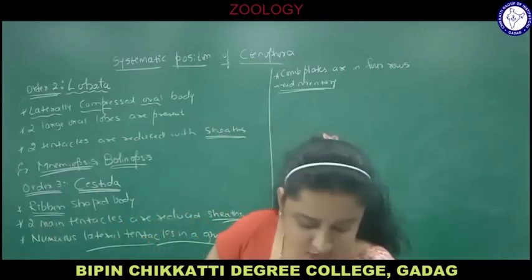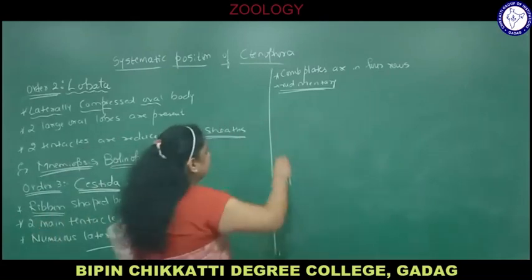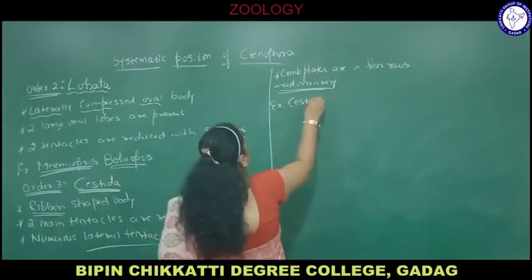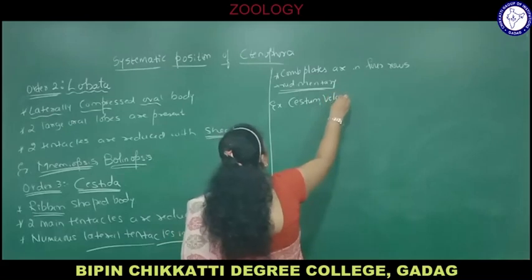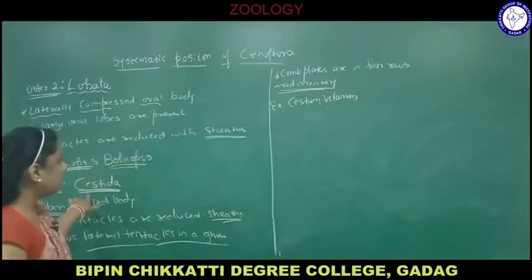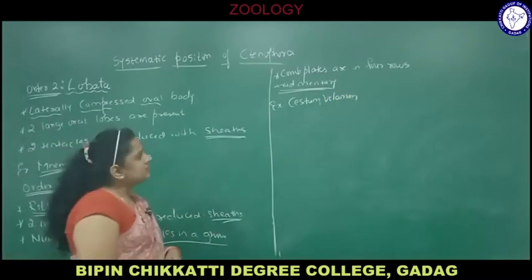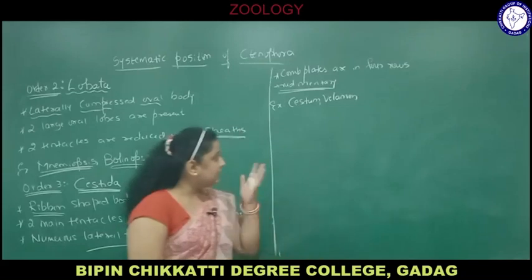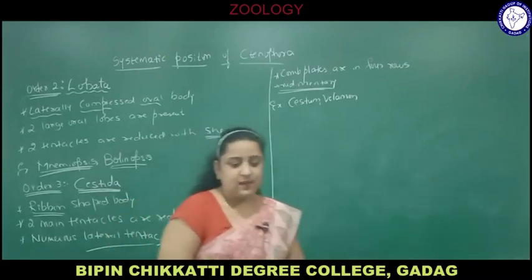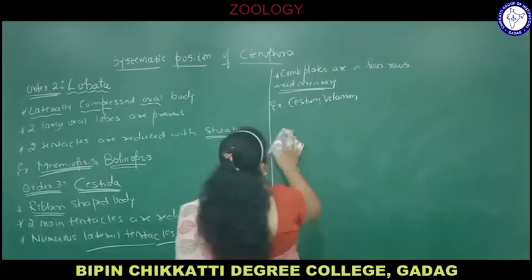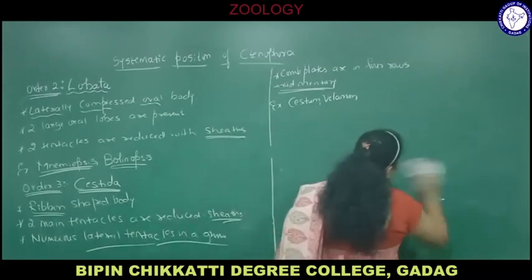Example, Cestum and Velamen are the examples of order Cestida under class Tentaculata. You are not studying type study here in detail, you are only studying the classification with examples. So third order is Cestida under class Tentaculata.